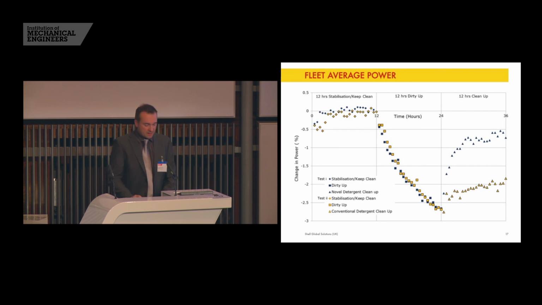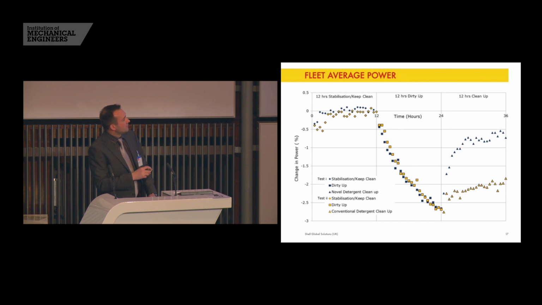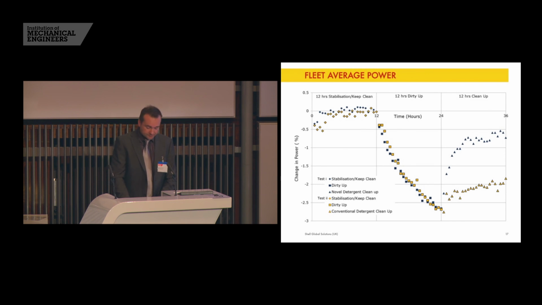You see quite good power stability towards the end of the keep clean or stabilisation phase in both cases, and then good repeatable power loss in the dirty up stage, followed by, in both cases, clean up in the clean up stage, but the novel detergent outperformed the conventional detergent quite substantially.